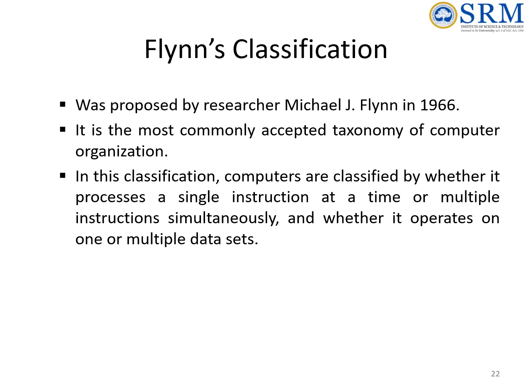Next is Flynn's classification for parallelism, proposed by researcher Michael J. Flynn in 1966. It is the most commonly accepted taxonomy of computer organization. In this classification, computers are classified by whether they process a single instruction at a time or multiple instructions simultaneously, and whether they operate on one or multiple data sets.